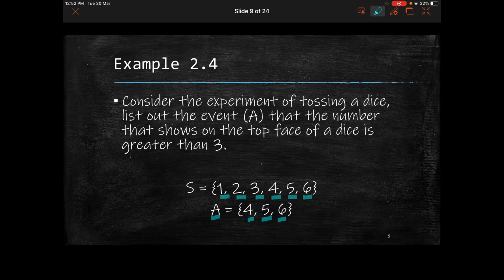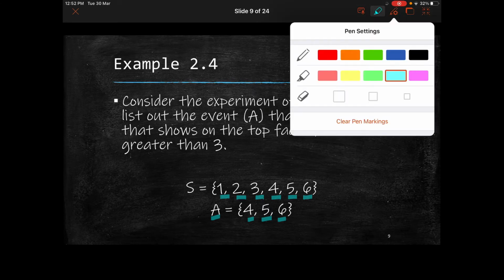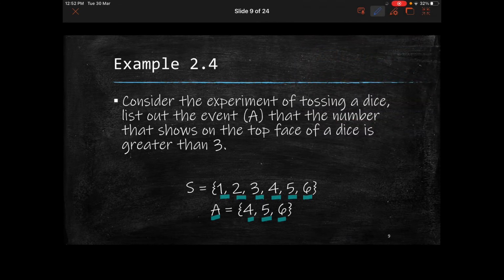So here, the P of event A would be the number of event outcomes, 3, over the total of the sample space, which is 6. So it would be 1 over 2. So it's a 50-50 chance for the event to occur.